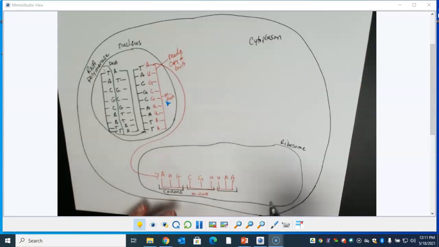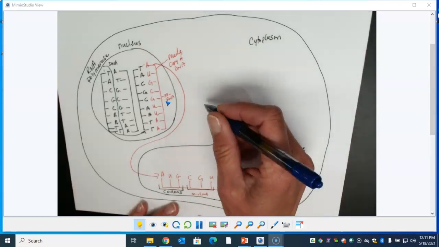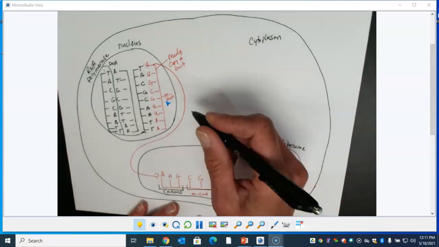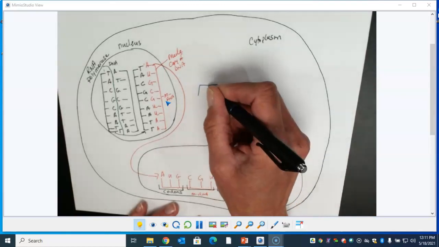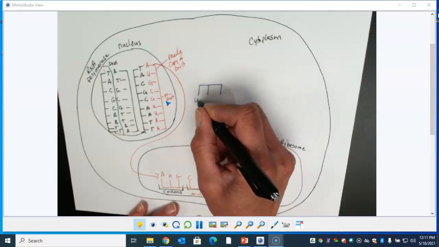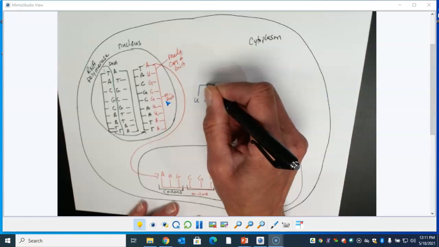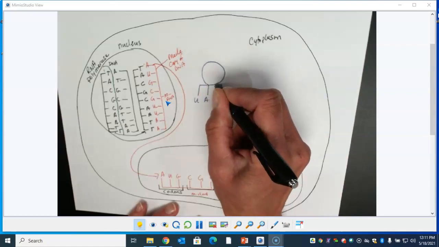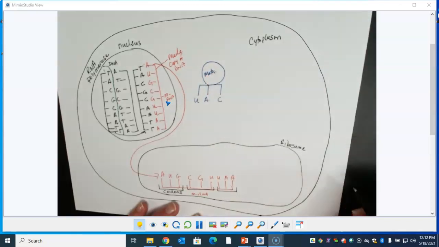So it's going to look something like this. We're going to draw our transfer RNA. Our transfer RNA comes in what we call anticodons, so every 3 letters for our transfer RNA. My first one, I'll do in a different color. I've got one piece of transfer RNA, UAC, and that is going to carry an amino acid called methionine.